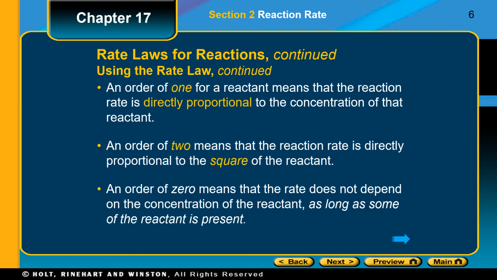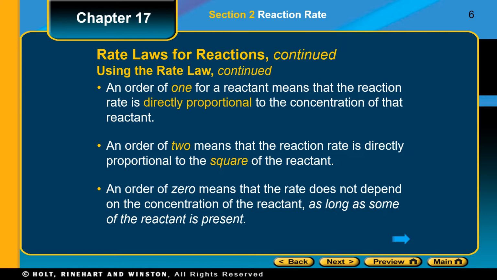Now, if you have an order of 0, you might wonder, why would we have that? But we have discovered in doing experiments that there are some reactions where one of the reactants doesn't cause the reaction rate to change as long as some of that reactant is present.